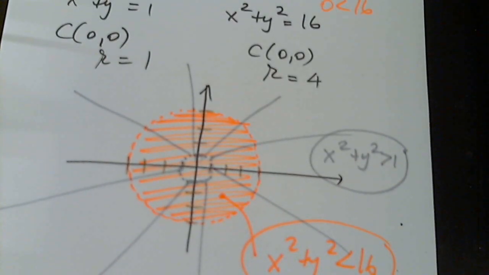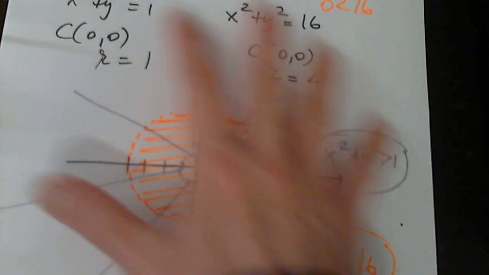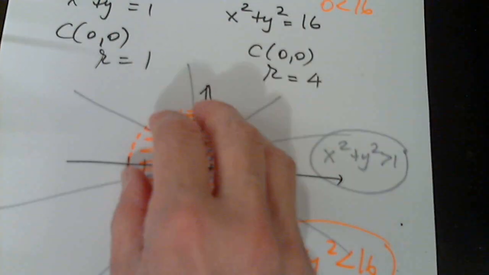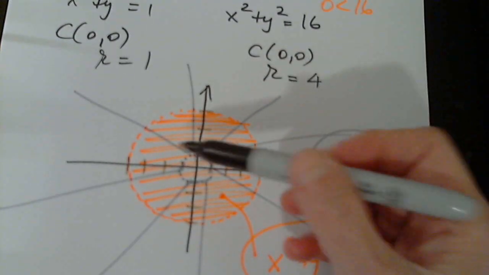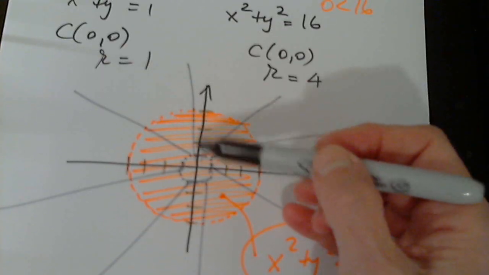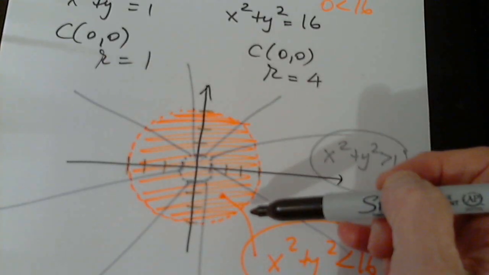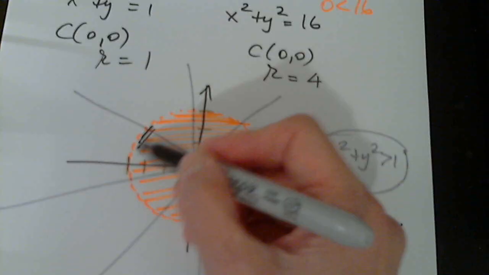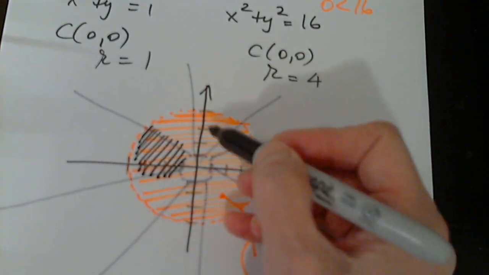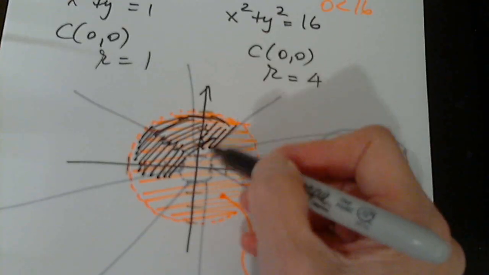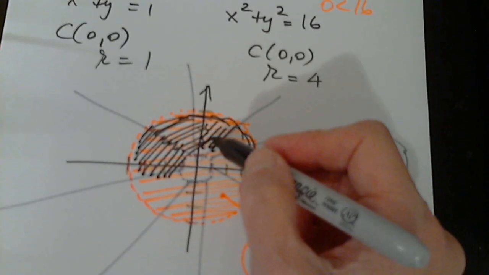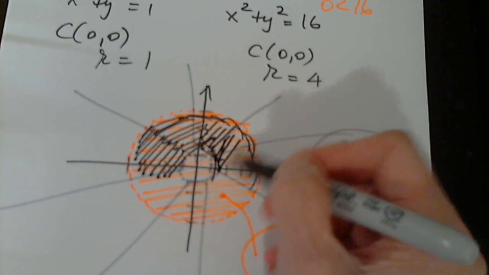Now, I have to shade in the gray area with the orange area. And what do I get? I get points right between the two circles, but no point on the circle. So I get this, I get this, not points on the circles.